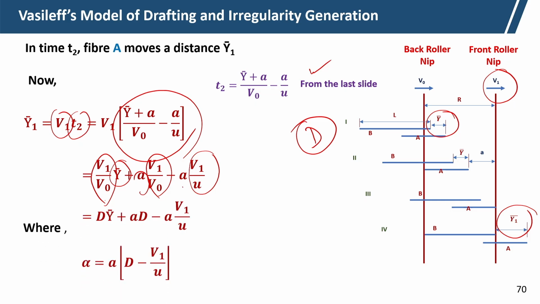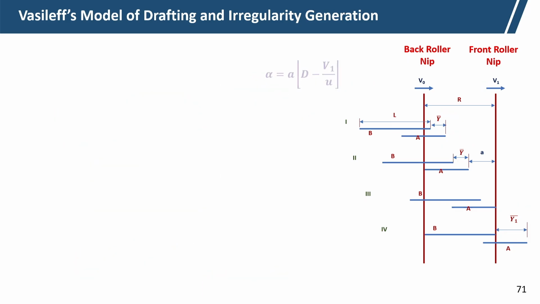So, this is d y bar minus a into v1 by u. u is the average floating velocity. Now, this term we can replace with alpha, so alpha equals a d minus v1 by u.